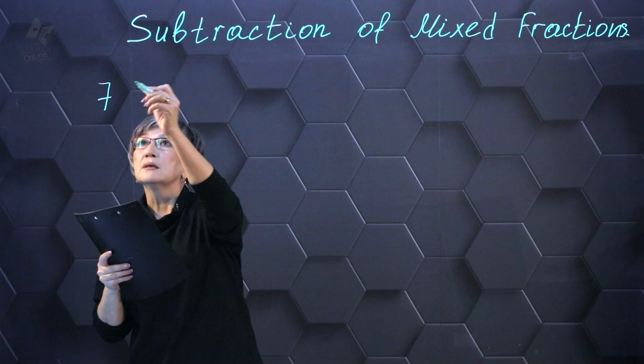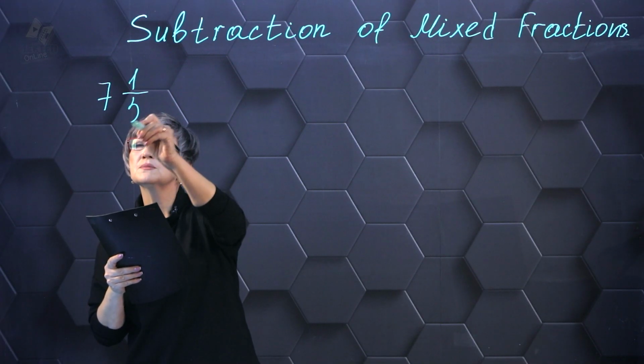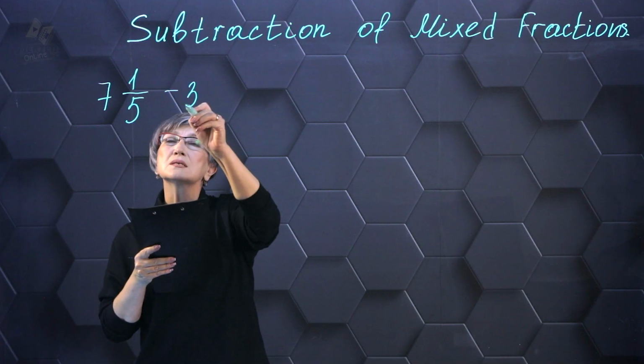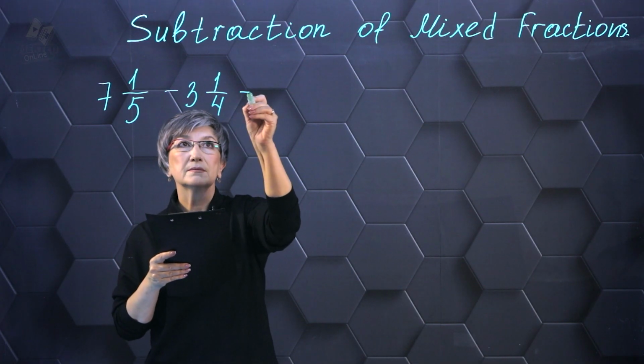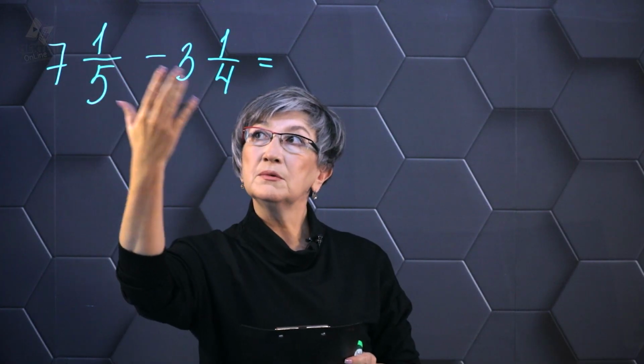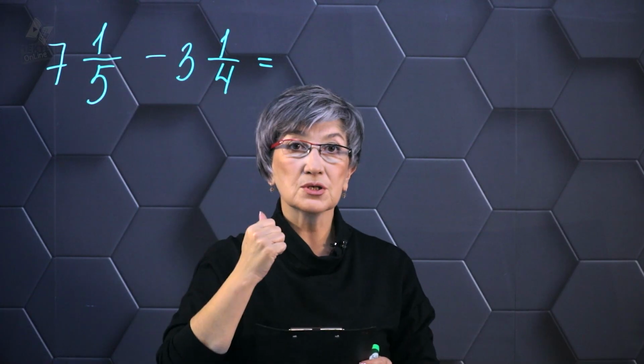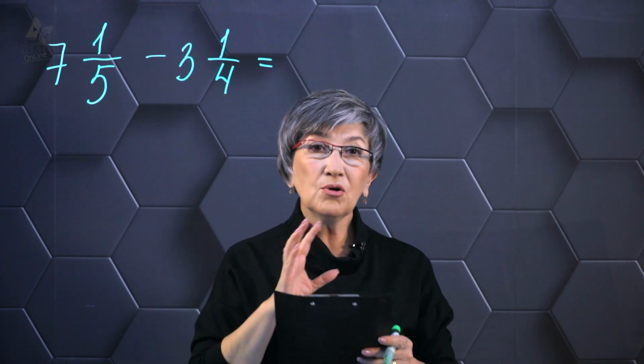So, I'm looking at the following example, 7 and 1/5 minus 3 and 1/4. Okay guys, we're looking at mixed numbers. We need to subtract, and you and I know very well that we need to pay attention to the denominators. The denominators here are different, and we can easily find the common denominator.